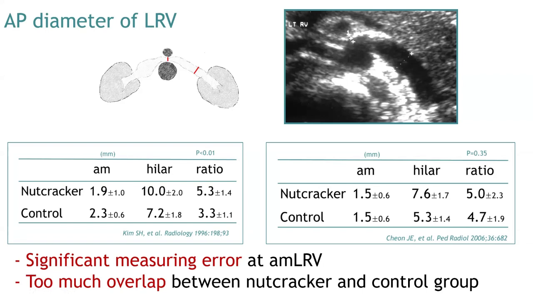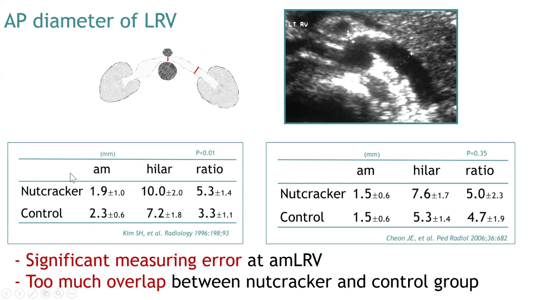In the initial stage of using ultrasound in detection of Nutcracker phenomenon, we used anatomic parameters like anterior-posterior diameter of the left renal vein in this hilar area and in this aortomesenteric area, and compared them.